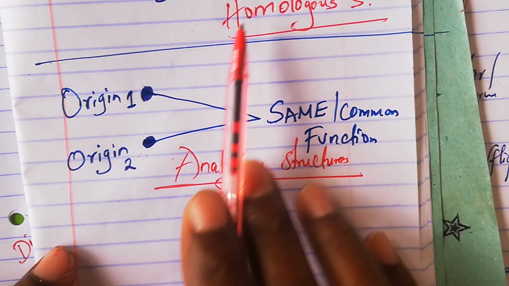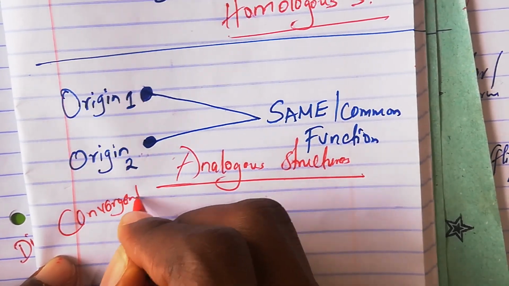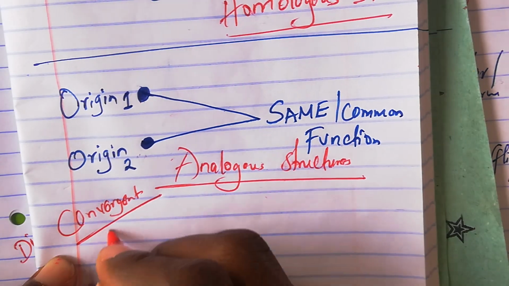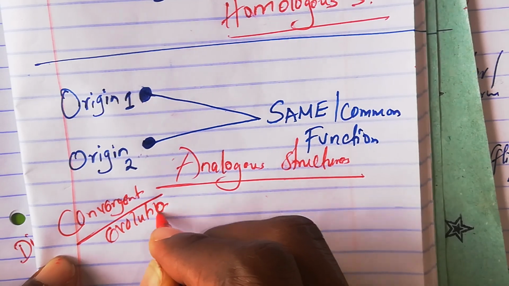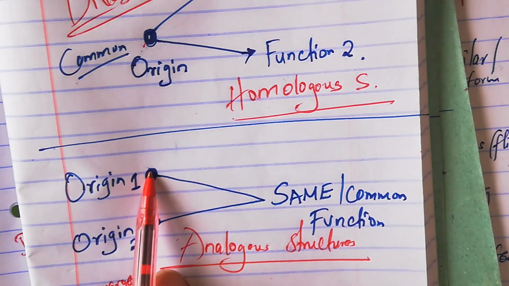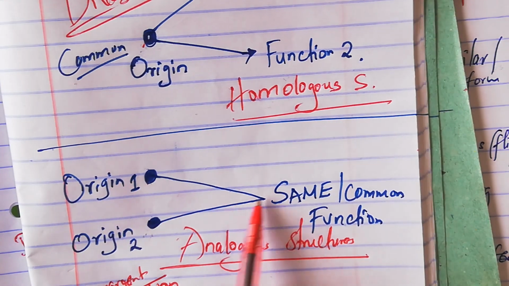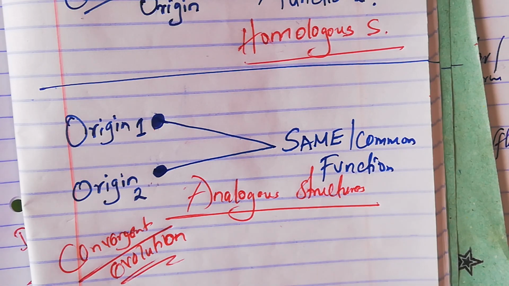Then this one is called convergent evolution. I also want to give an example of the school analogy. You are from different homes, you are meeting in the same school. That is what we call you are converging. It's like coming into a meeting.